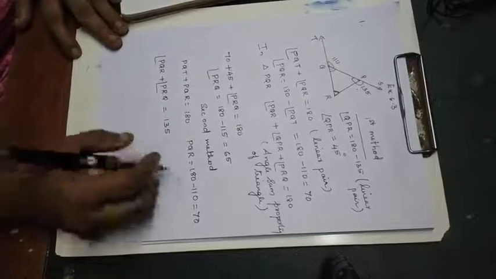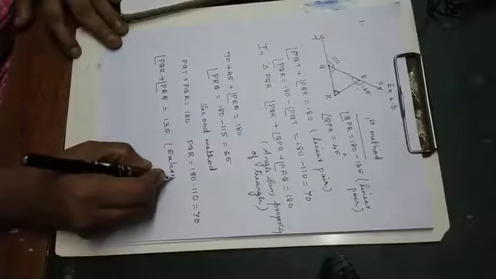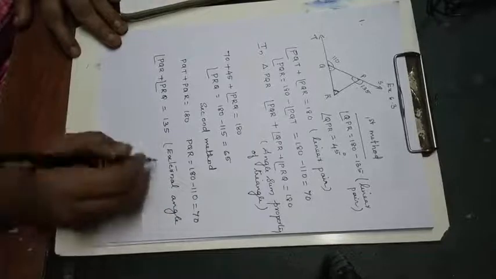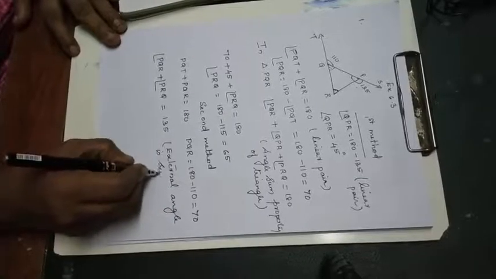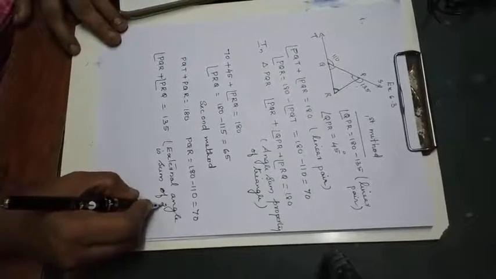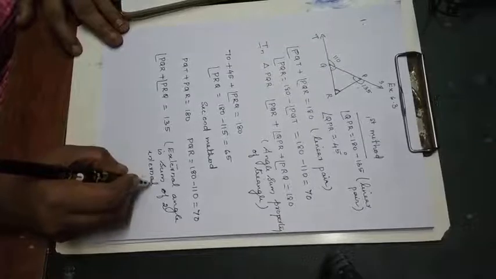Reason, the external angle is the sum of the two interior opposite angles. That property also we have learned.